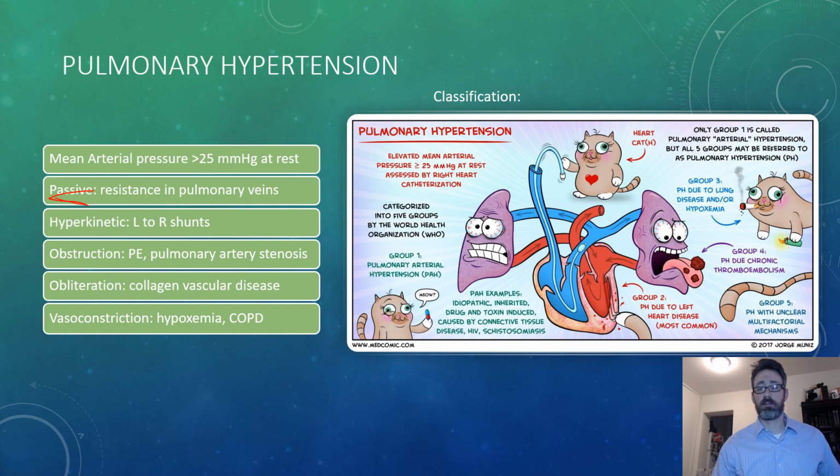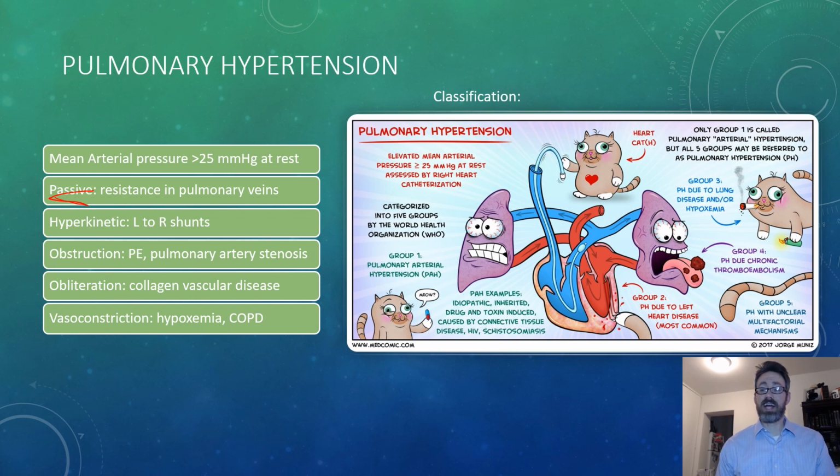Recall that the lung vasculature dilates in response to oxygen and constricts in response to hypoxia. So if somebody has a hypoxic lung disease, something like COPD, for example, they may have more vasoconstriction, which is going to increase resistance, or any other kind of cause for hypoxemia that can cause vasoconstriction.